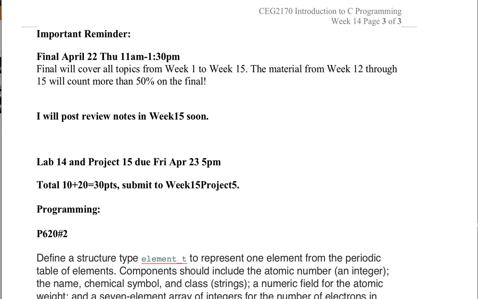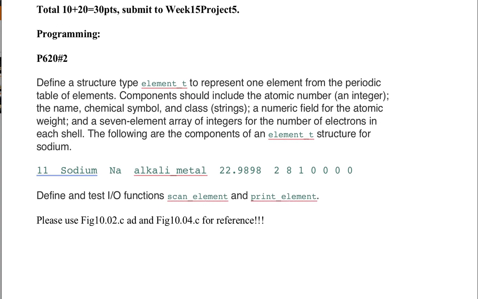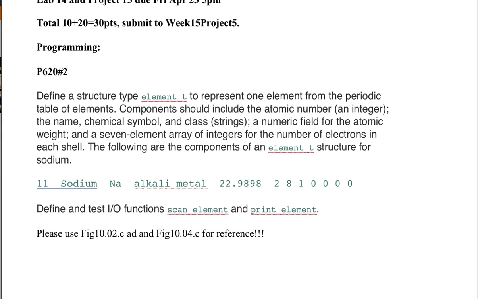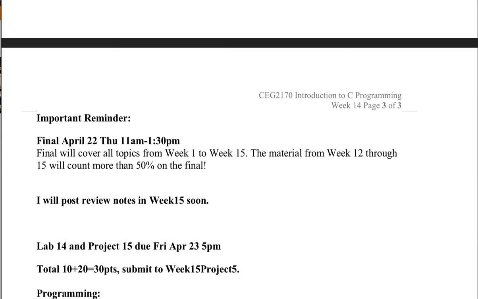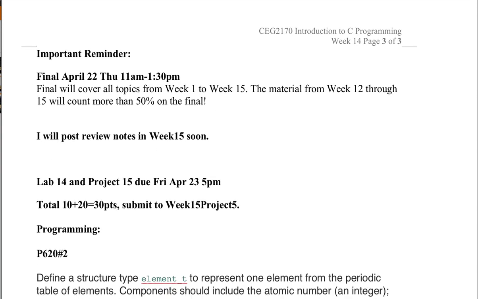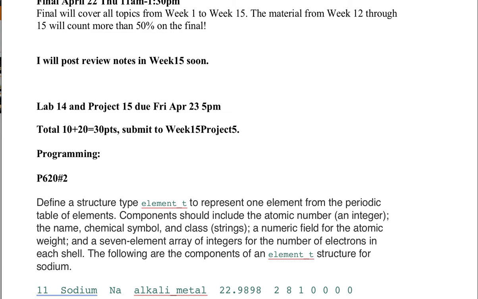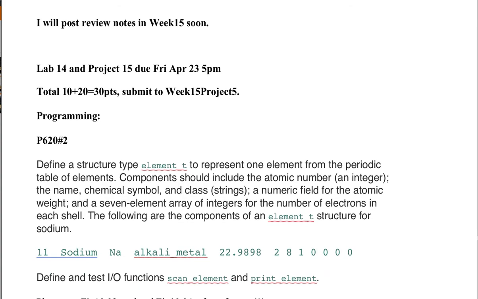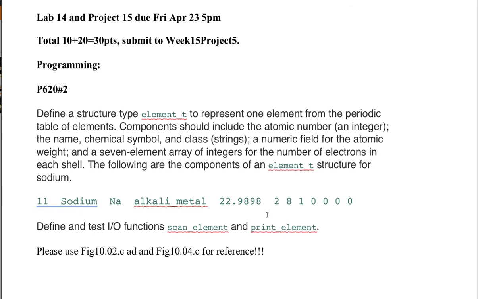It's for 30 points. Basically, you want to do a similar kind of thing, and instead of the planet type, you want to have an element type, those chemical elements. Each chemical element may have different properties, or certainly different names, so it has different members.